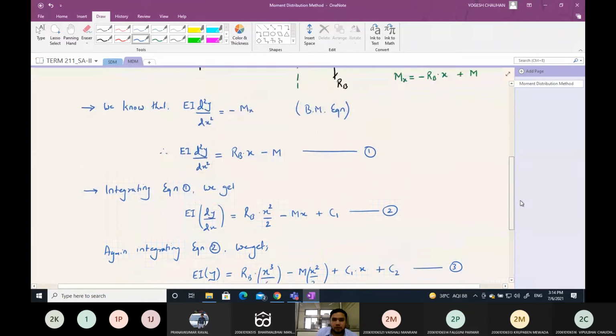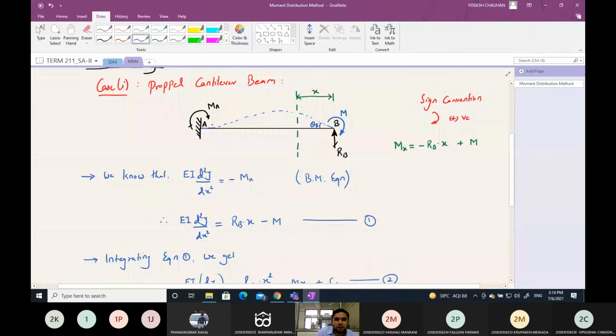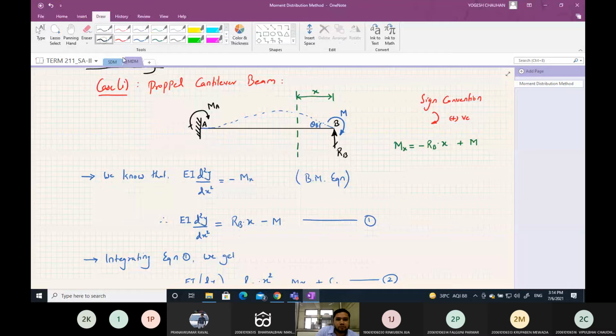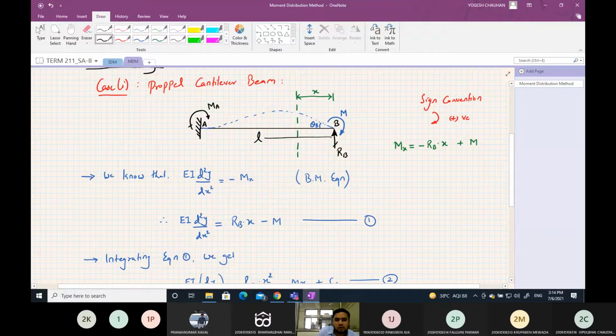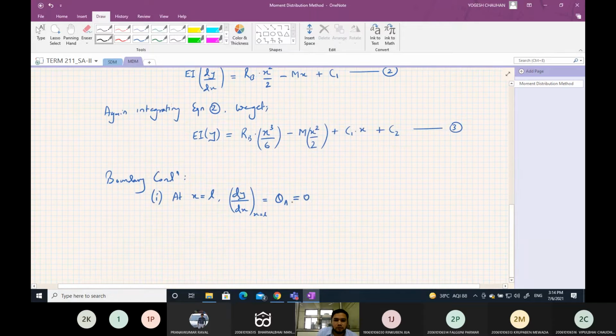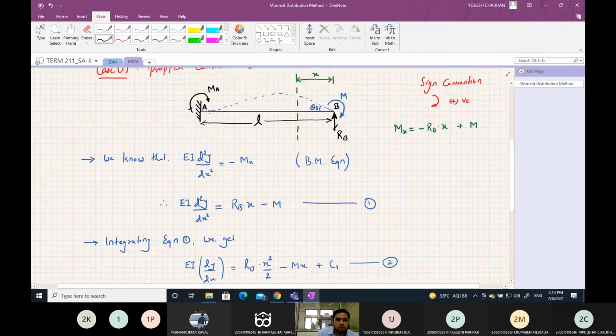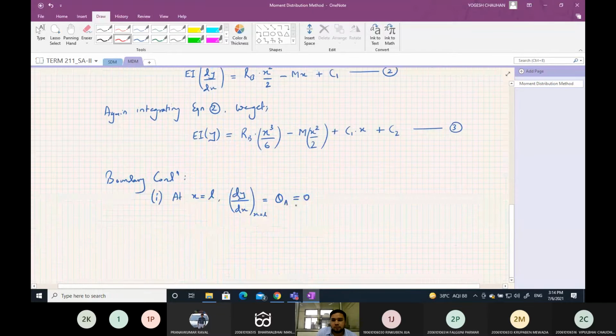When the value of x is equal to L, where L is the length of the beam, then the slope at A, theta A, is equal to 0. So delta A is also equal to 0.